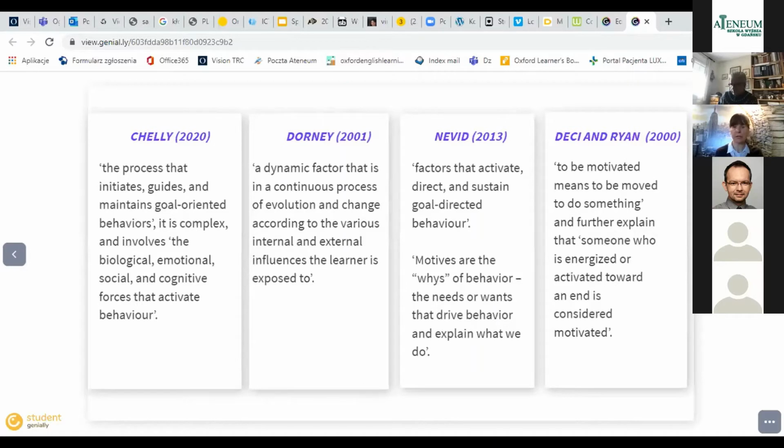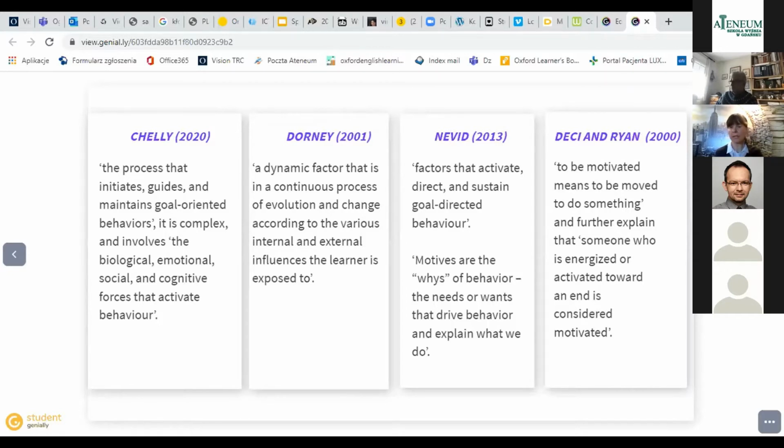Nevitt goes on that factors that activate, direct, and sustain goal-directed behavior should be called motivation, and then he goes into explaining that motives are the whys of behavior, so the needs are the ones that drive behavior, and explain what we do and how intensively we do that.